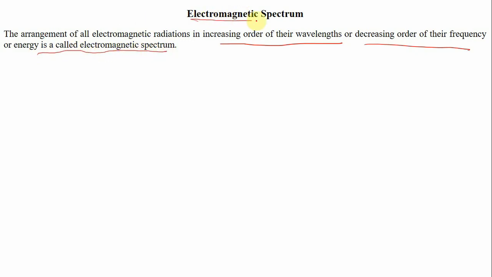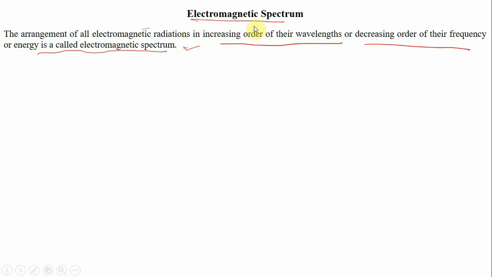What is the electromagnetic spectrum? It's the arrangement of all electromagnetic radiations in order of increasing wavelength or decreasing frequency, and hence decreasing energy. This arrangement is called the electromagnetic spectrum.